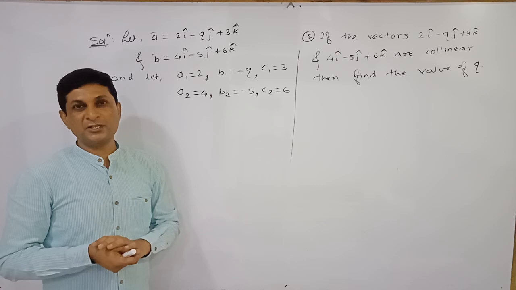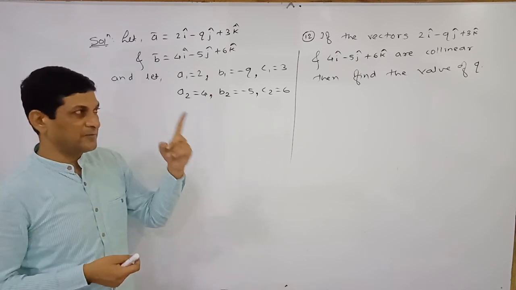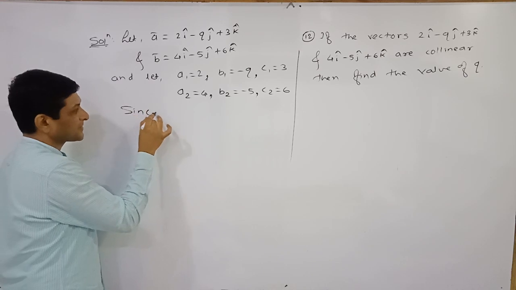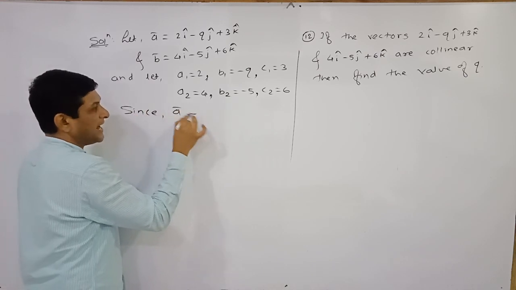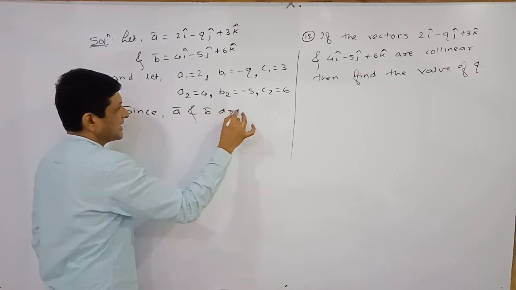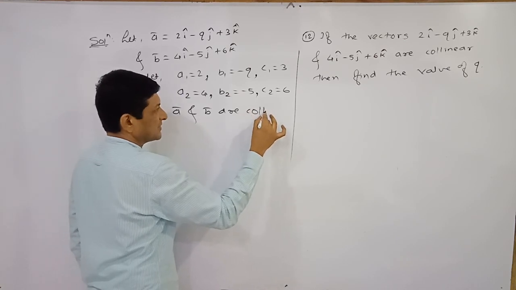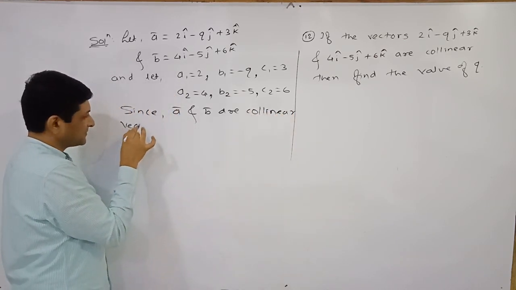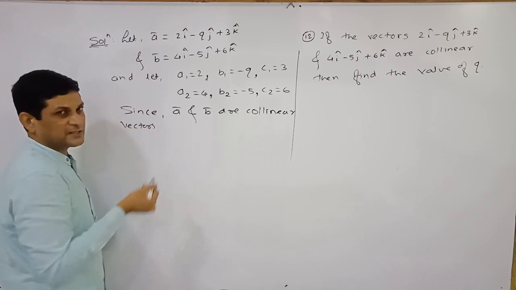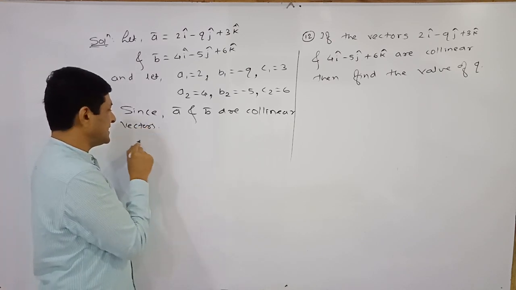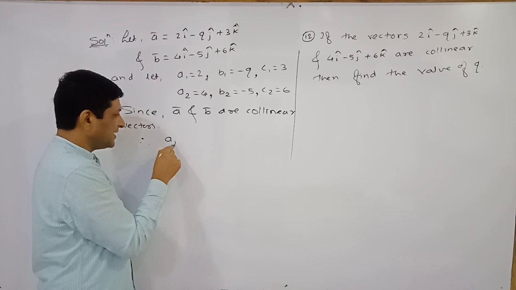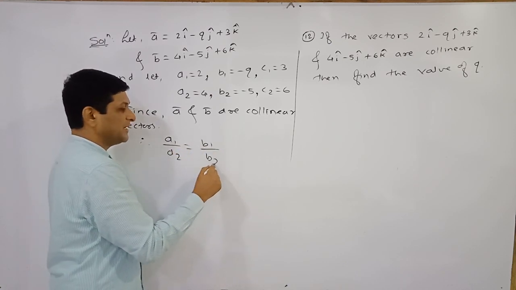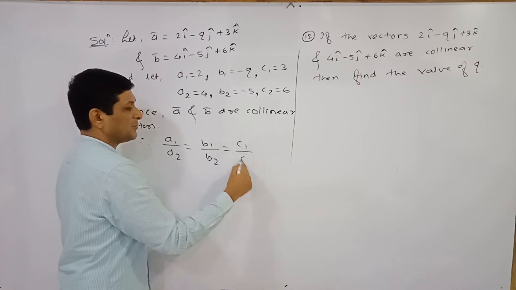Using this condition, we try to find our required value q. Since a bar and b bar are collinear vectors, therefore a1 upon a2 equals b1 upon b2 equals c1 upon c2.